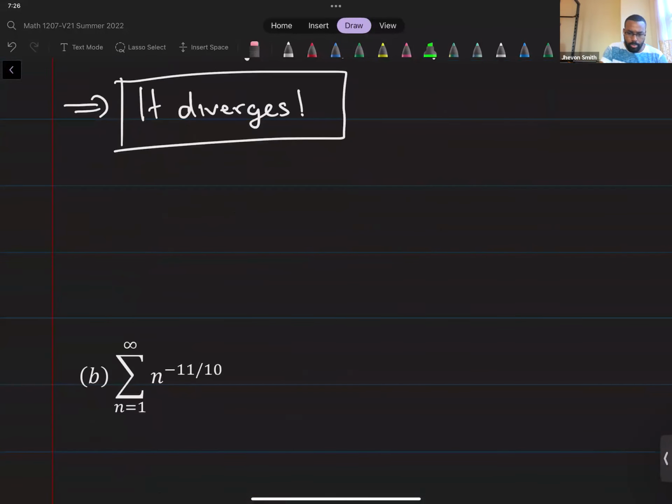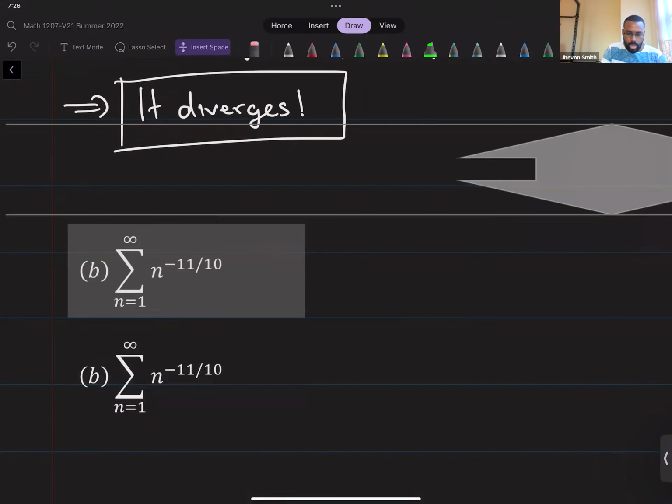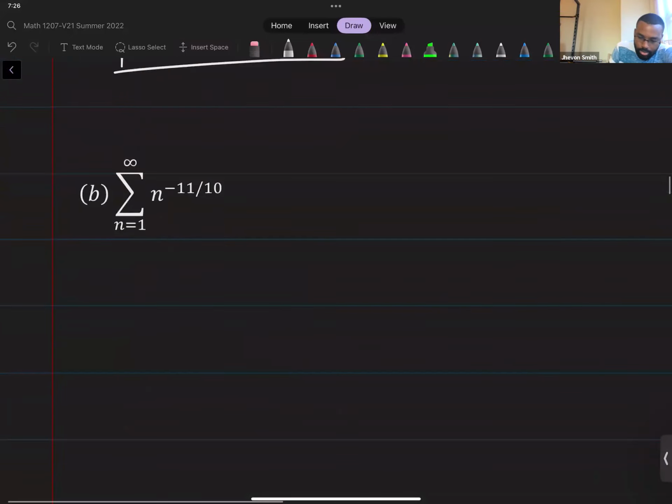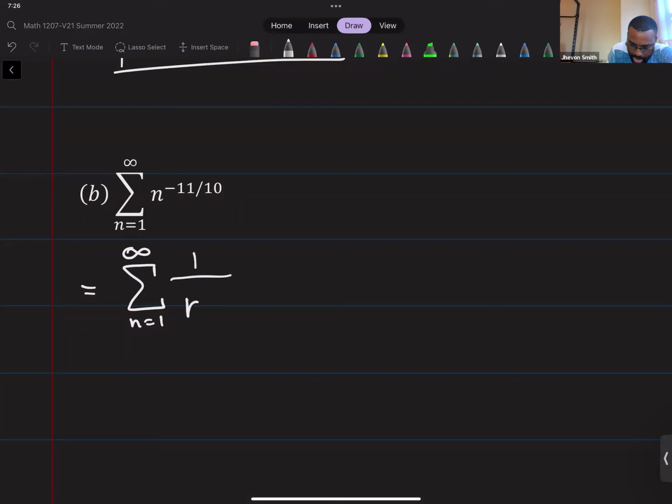Here's another example. N to the minus 11 over 10. Right? So then I would just write that in a special form. This is 1 over n to the 11 over 10.